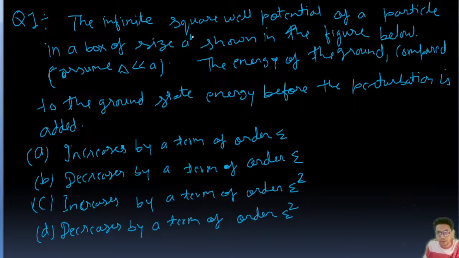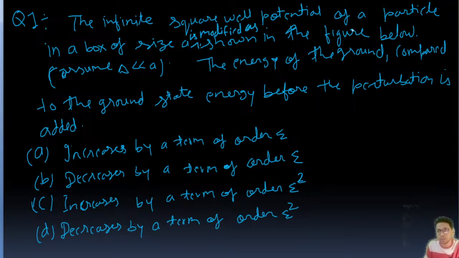We have missed this term. So the infinite square well potential of a particle in a box of size A is modified as shown in the figure. So this is the question.